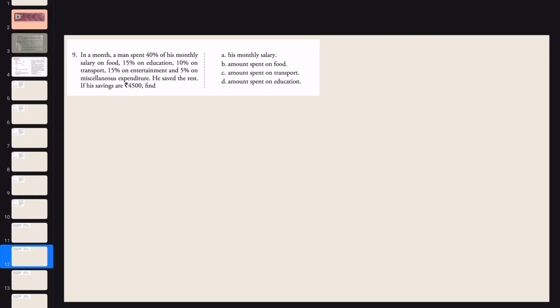Now he spent 85% of his salary on these things. So how much percent of the salary is left? Suppose his salary was 100% and he spent 85% of it. So how much salary is left? 15%. And his savings was 4,500. Now we have to take out his original salary.